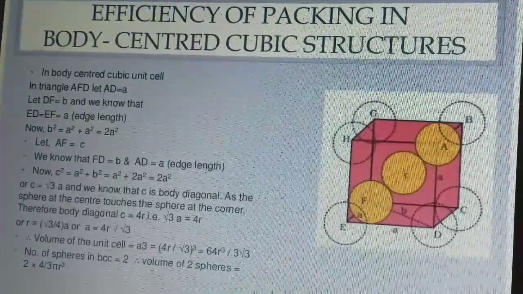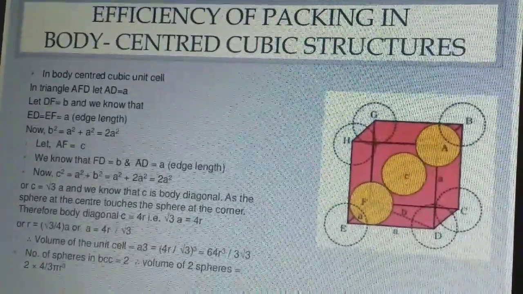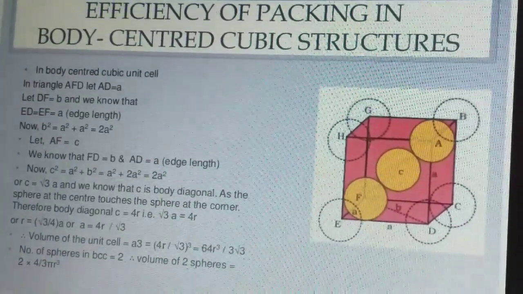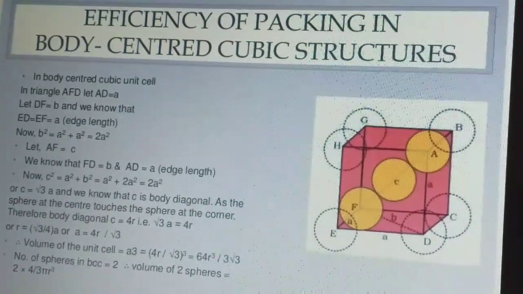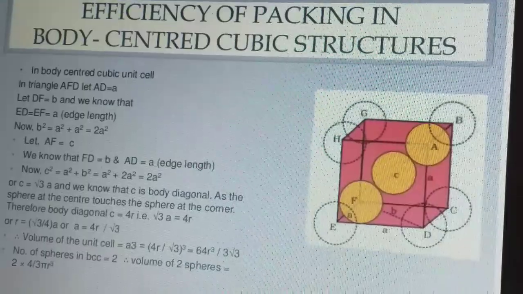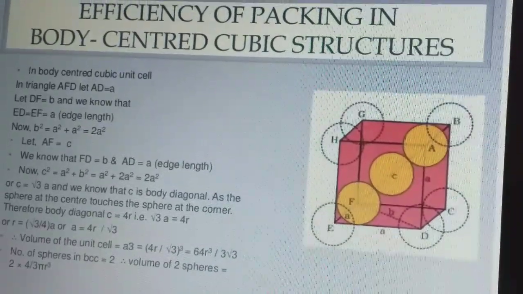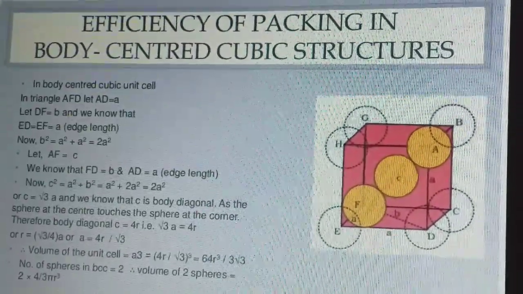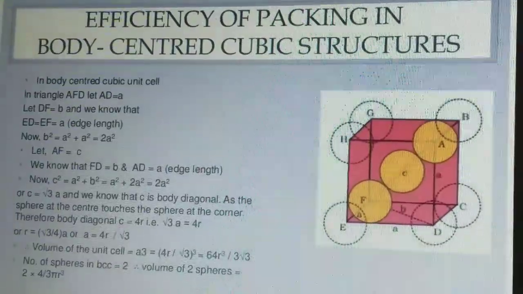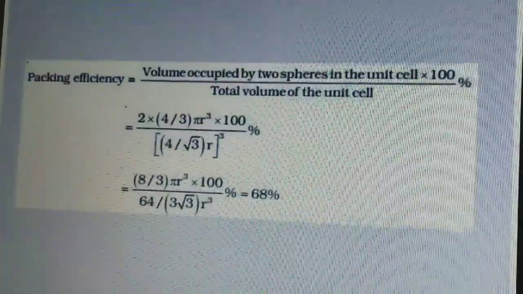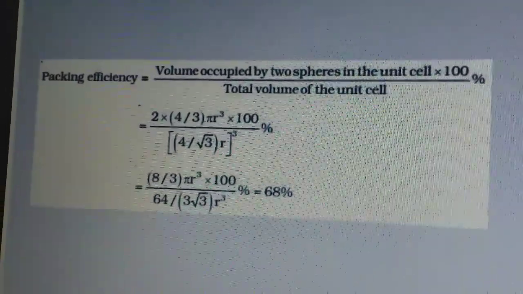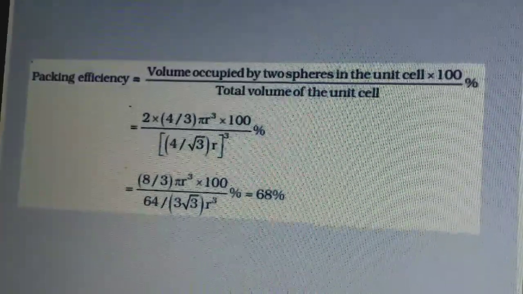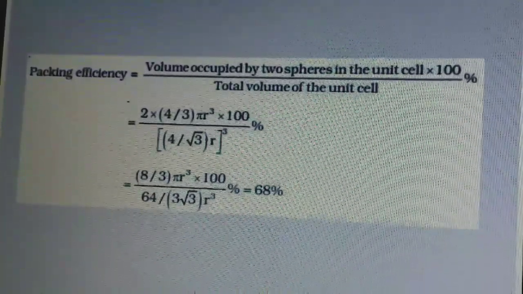When you substitute this in the packing efficiency formula, the volume occupied by the spheres divided by the total volume of the unit cell into 100, what you get is 2 into 4/3 pi r cube, the total volume occupied by the two spheres in the unit cell, divided by the total volume of the unit cell, which is (4R divided by root 3) the whole cube.